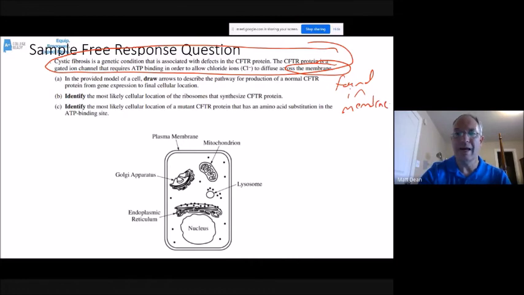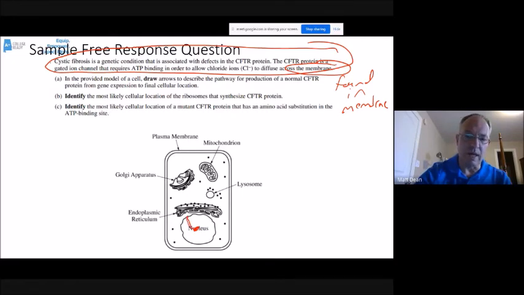But we want to know, how does it get there, essentially, is what part A is asking us. Well, you guys know that DNA in the nucleus tells the cells how to make the proteins. And that DNA first has to be transcribed into RNA, which is going to leave the nucleus and move to the ribosomes. So let's draw an arrow starting in the nucleus and head it out.